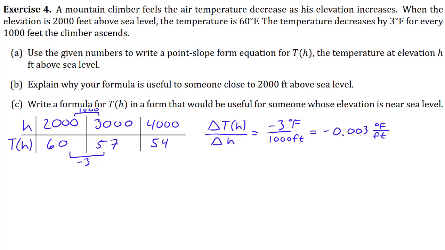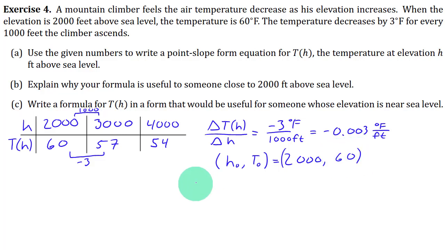Okay, so that's the slope, and you can use a point. We can say that there's this point, H0, T0, which is: 2000 is the H value, and the T value there is 60.